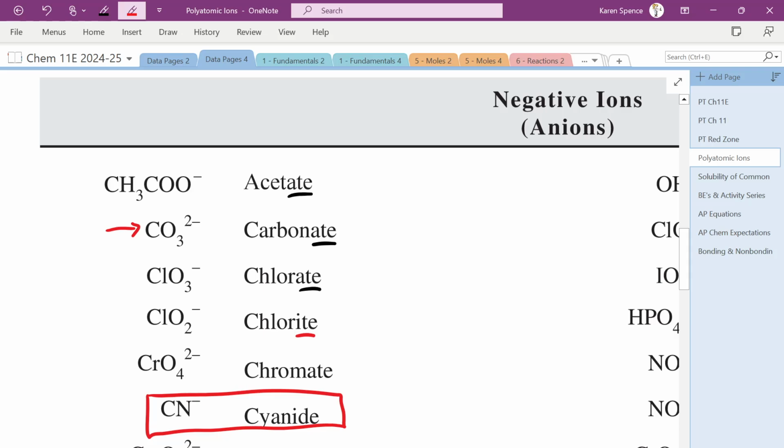What does this have in common with this, and with this? What do they all have?